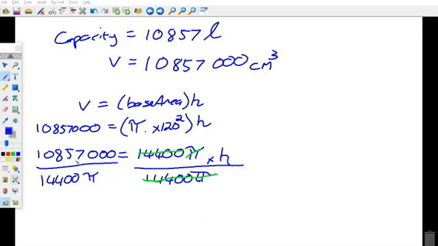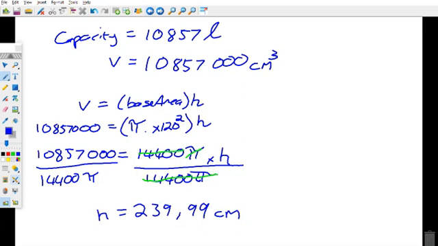So we plug this into our calculator and we get what? We get 0.1085712 zeros divided by 14400 pi, and we get a height that is equal to 239.99 centimeters.